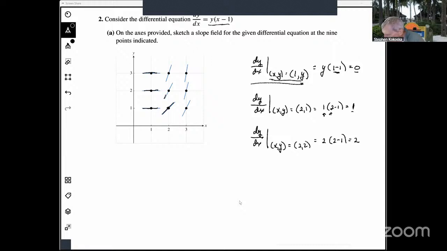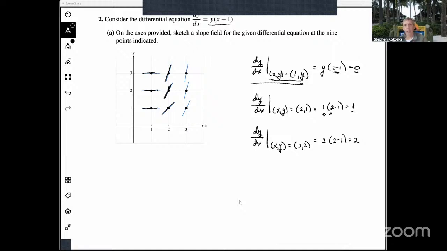And so when I draw that line segment, it ought to have a little steeper slope than the line segment just below it. And you know what's coming. This line segment ought to have a slope of 3, a little bit steeper than the two below it.